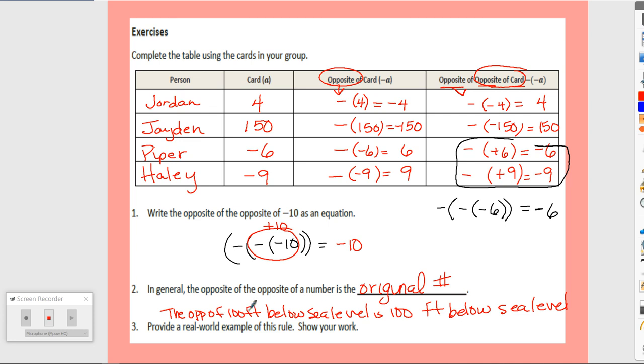So let's take a look. The opposite of 100 feet below, because look, if we have an opposite here, and this means a negative, right? So this is a negative, this is a negative.